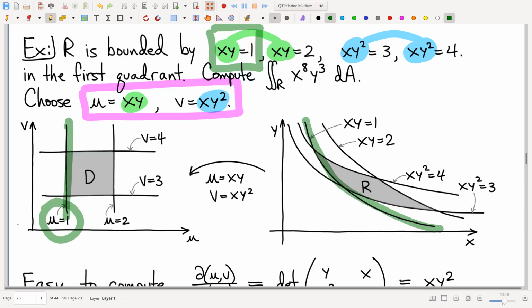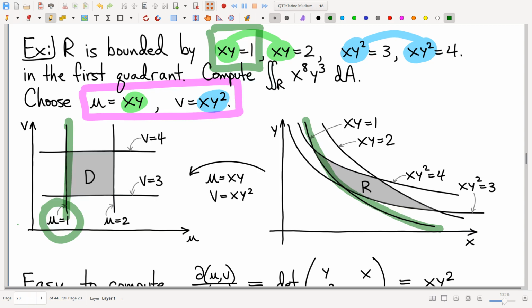Everybody see what happened there? By the way, that's why it's so important that these be level sets. It's critical that these be level sets of our u and v functions, because it's only because these right-hand sides are constants that u becomes a constant over here in the uv plane. Does everybody see that? Likewise for the other curves.